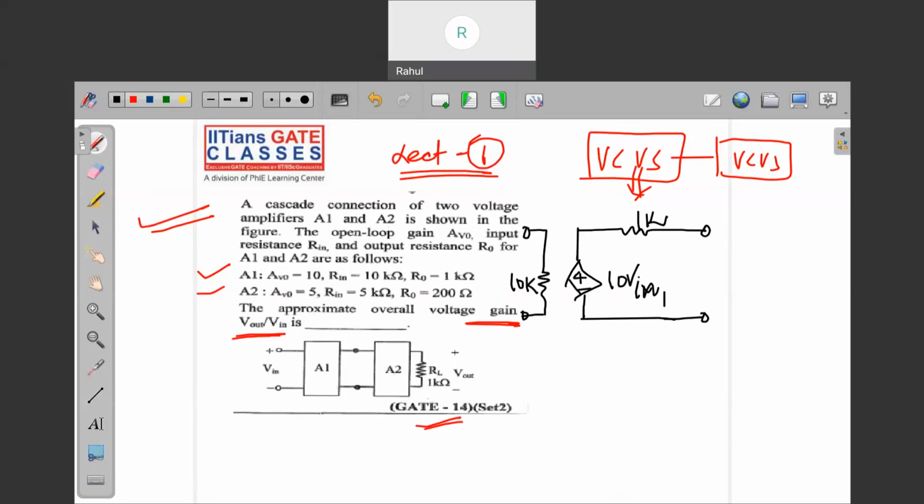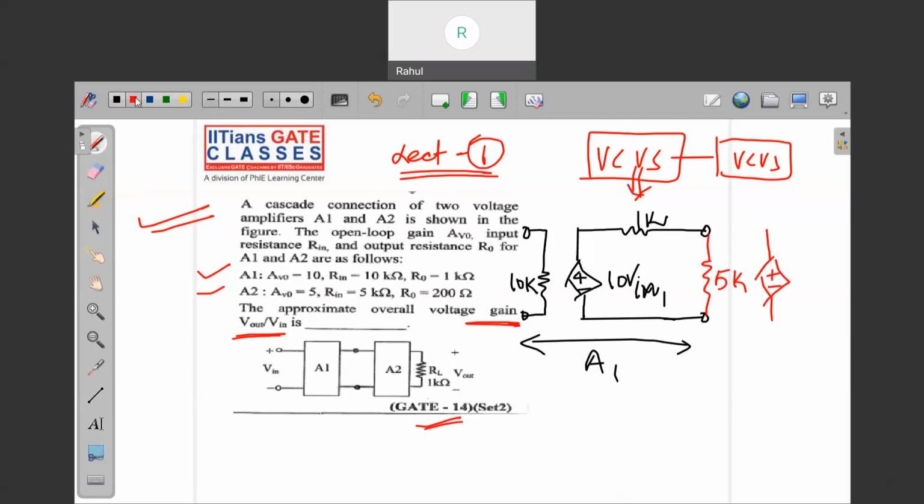So this is a part for A1, and now we are connecting A2 here. The input resistance for A2 is 5K. Again, you have to place one dependent source, as I said that the amplifier can be modeled with the help of dependent sources.